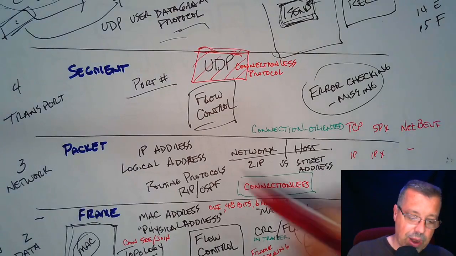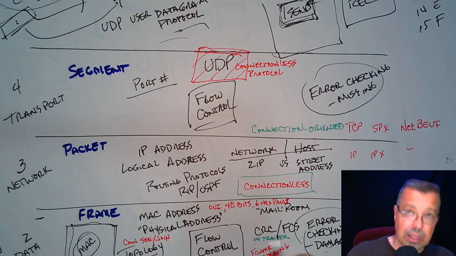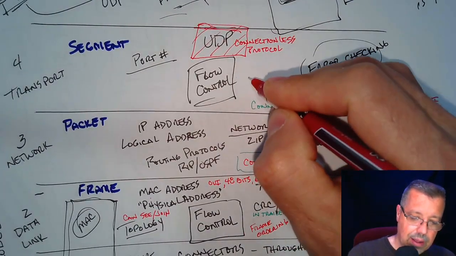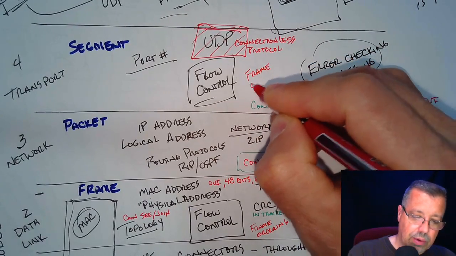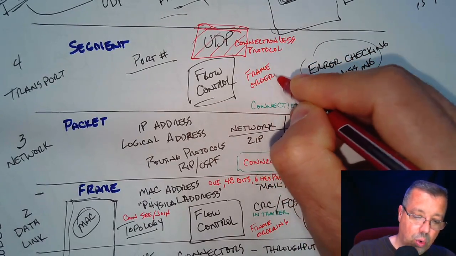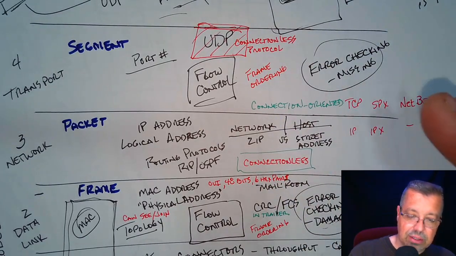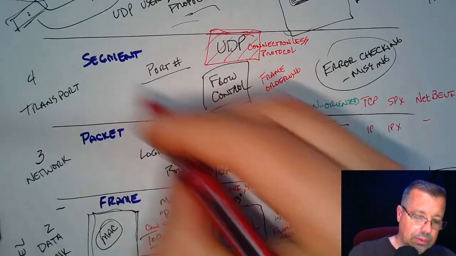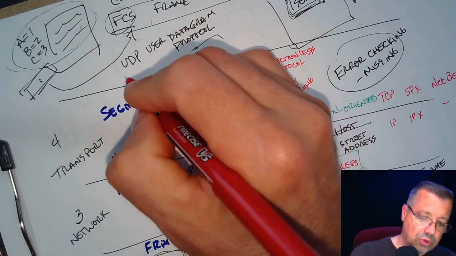We still had frame ordering, just like down in the data link layer. When we get things, we put them in the right order. We also hold on to everything. This error checking holds on to everything until everything has been received, and then it passes it up. We talked about the MTU, which is the maximum transmission unit.